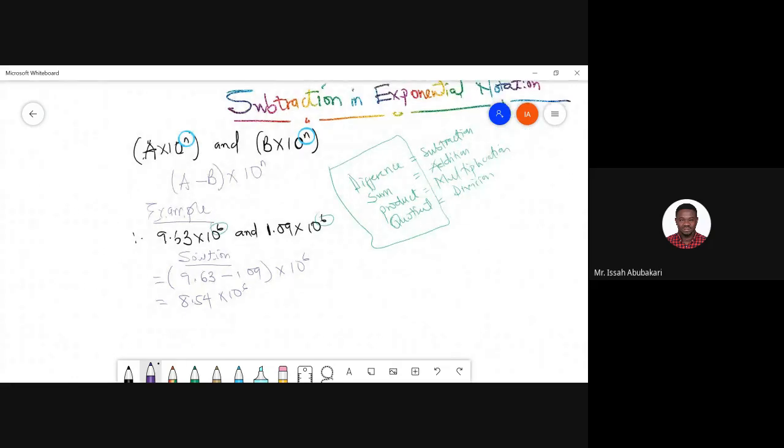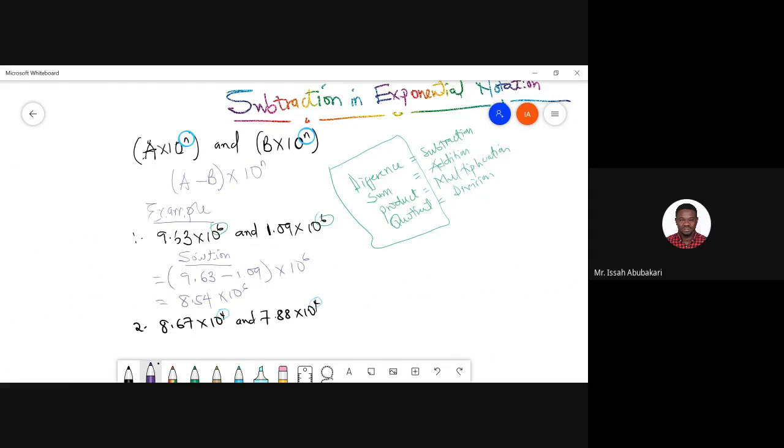Now let's look at question 2. If you have 8.67 multiplied by 10 power 4 and 7.88 times 10 power 4, and you're asked to find the difference between these two numbers. As I told you earlier on, check the power of the base 10. So the power here is what? 4, and the power here is also 4. Therefore, we can find the difference by subtracting 7.88 from 8.67.